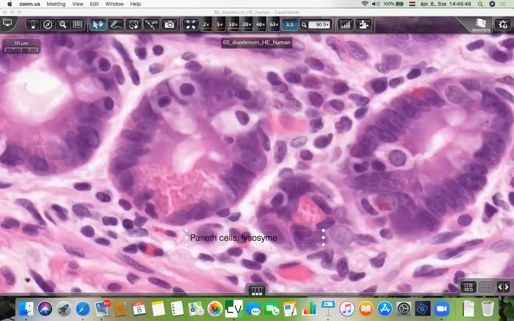So the Paneth cells secrete this enzymatic fluid. So Paneth cells secrete the lysosome. This is really typical for the small intestine, the presence of Paneth cells in the Lieberkühn crypts.